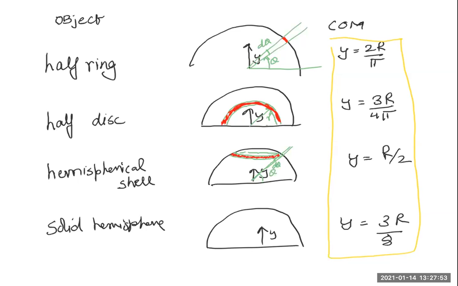For a hemispherical shell, that was the element. For a solid hemisphere, the element was a hollow hemisphere of radius r and thickness dr. Can you take disks as an element for a solid sphere? Yes, you can, and I'll show it to you.